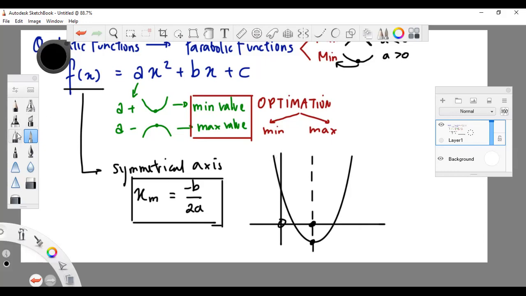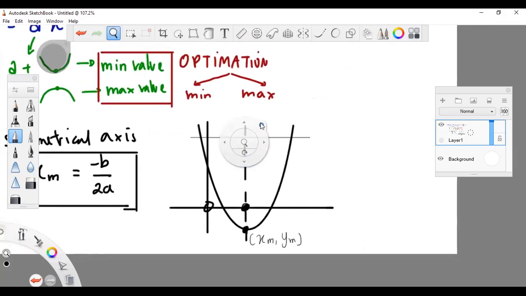If I fold this, the area of the left side is equal to the area of the right side, it is called the symmetrical axis. So this will be xm, right? xm comma ym. I write m because it can be either maximum or minimum, right?